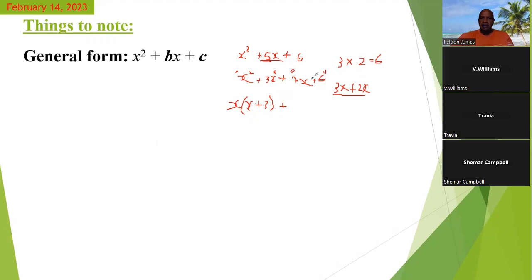Now, what would be common for the next pair? What would be the common factor for 2x and 6? Ms. Trevor, are you working along with me here? Anybody else can continue because Ms. Trevor is not with us, it seems.